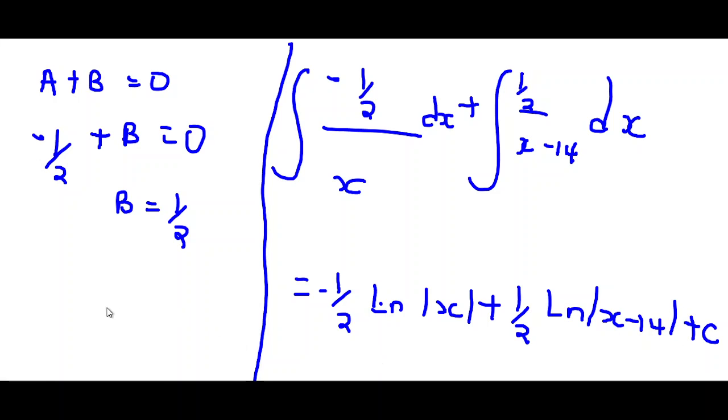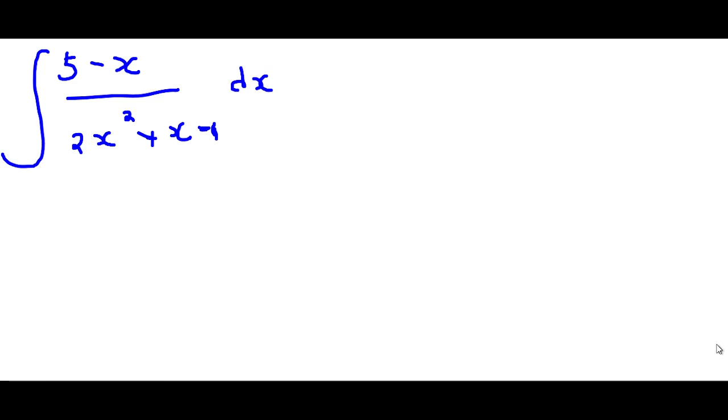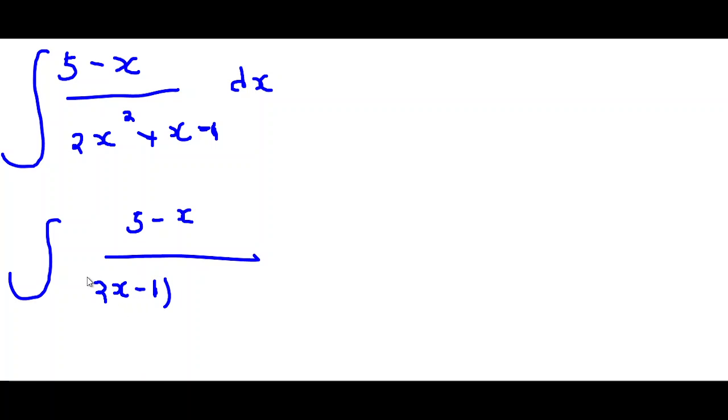So simple as that. Let's go on to our next example, which is to integrate 5 minus x over 2x squared plus x minus 1. So the first thing is that you need to first factor out the denominator, and after you have factored it out, you're going to get that it is 2x minus 1 and x plus 1 dx.